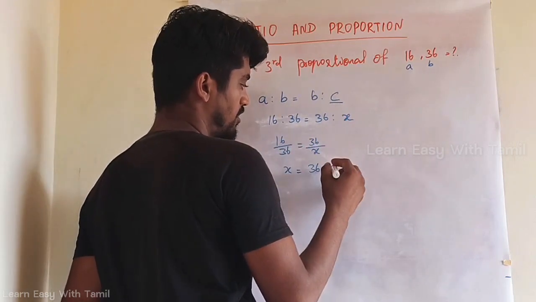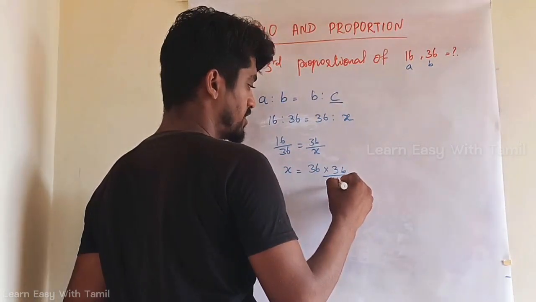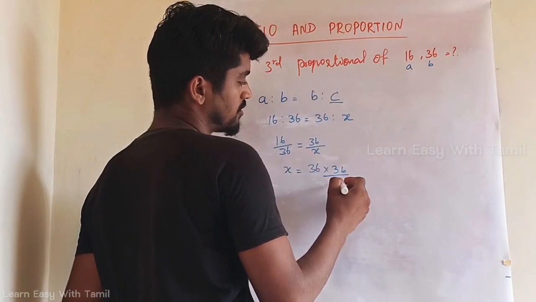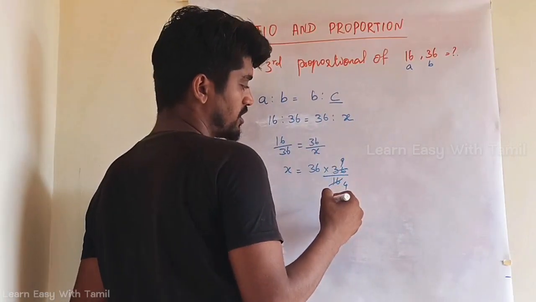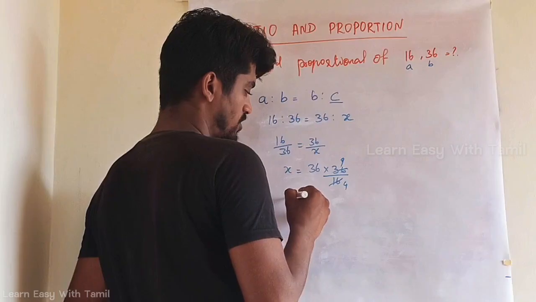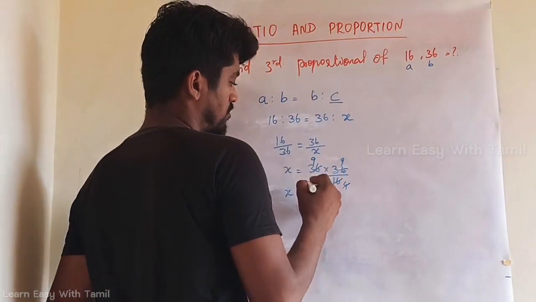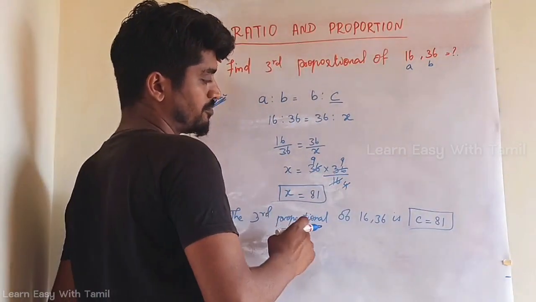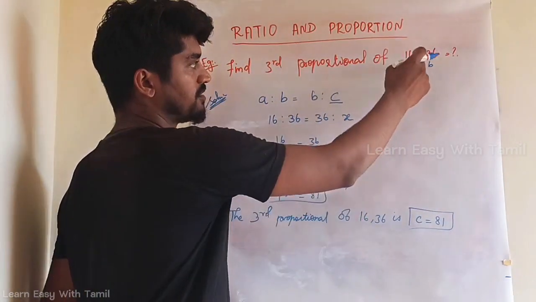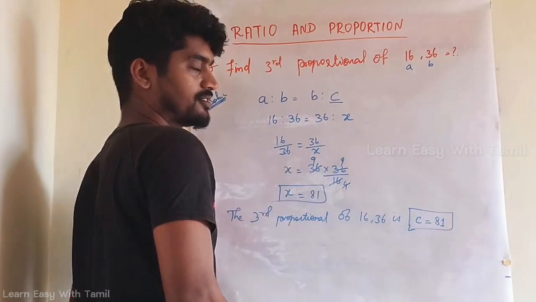It can be written as 36 divided by 16. 4 fours are 16, 9 fours are 36. So the x value is 81. So the third proportional of 16, 36 is c is equal to 81.